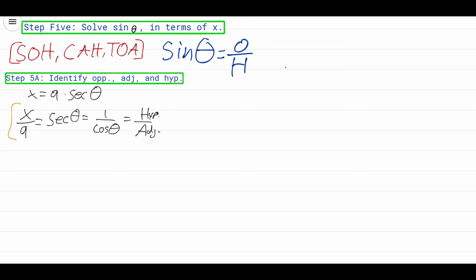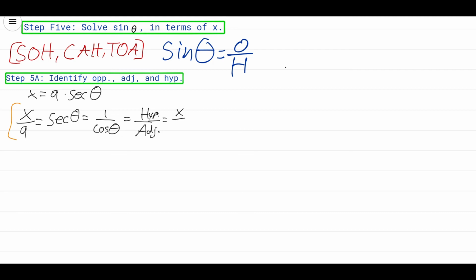Why? Because we know cosine theta is equal to adjacent over hypotenuse. So when we reciprocate it, it's the opposite, so it's hypotenuse over adjacent. So that's where that's coming from.